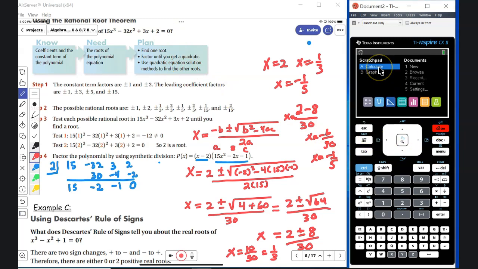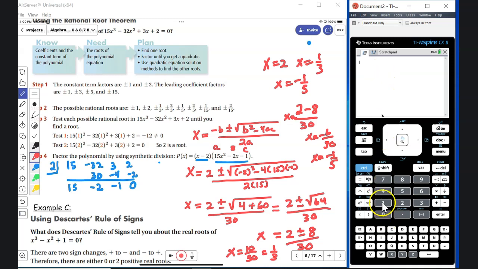So I'm going to go to the calculator, and I'm going to type in 15 parentheses 1/3, raised to the third power, minus 32 parentheses 1/3, raised to the second power, plus 3 times 1/3 plus 2, and I should get 0, and I do get 0.